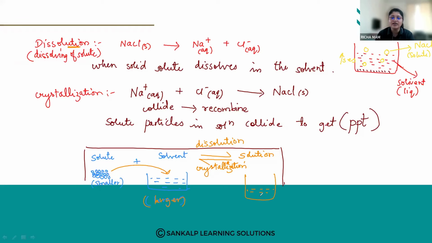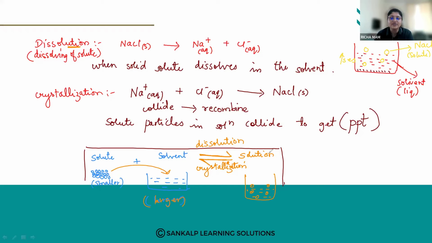So this is our solution. Solute will get dissolved to give you solution, this process is dissolution, and the solution will give back your solute and solvent, then it is recrystallization. So a dynamic equilibrium is reached.